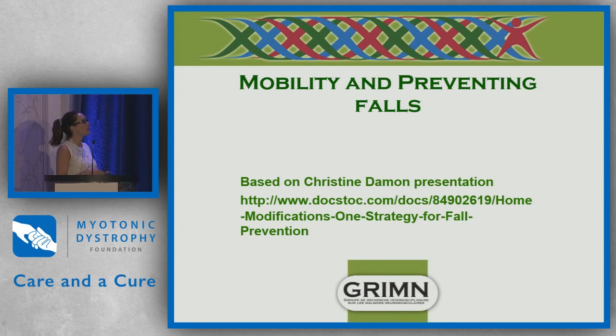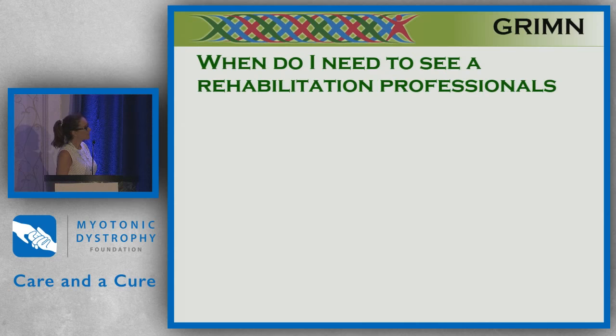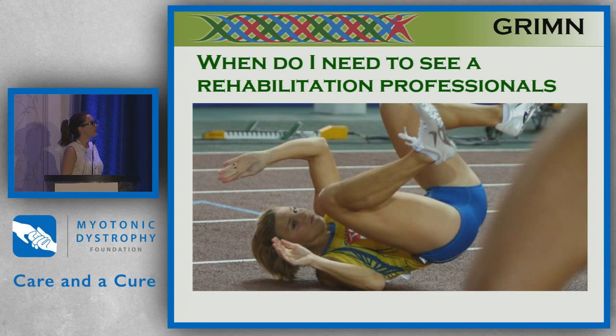Now, how to prevent mobility issues and falls. When do you need to see a professional for mobility and falls? Well, you don't want to stumble. The first time you start to trip on the floor, you stumble, you trip, you go on the floor, you need to talk to your GP about it. You're not supposed to fall. Sometimes you do, but you're not supposed to.